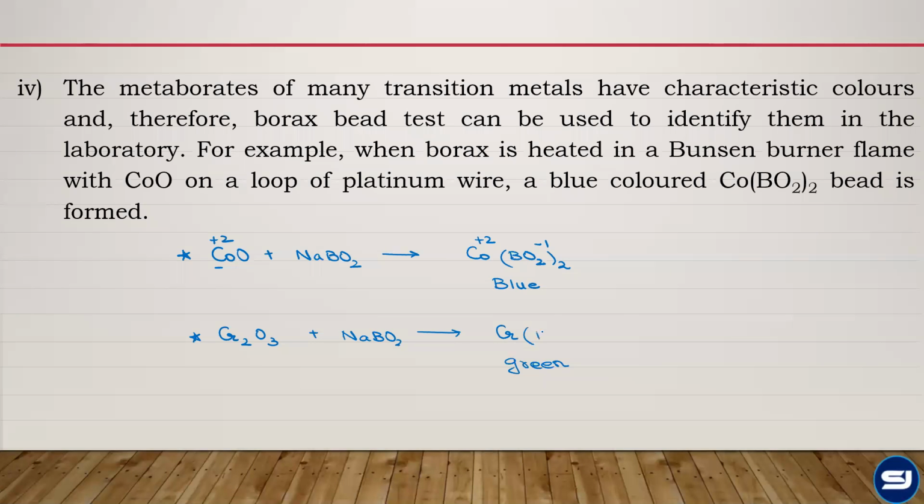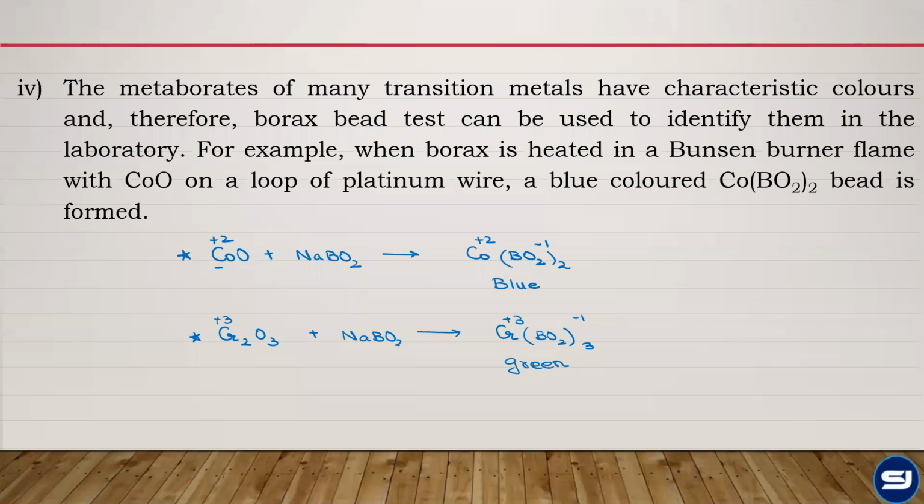Cr(BO2)2? Thrice. Chromium is +3 over here, so +3 and a -1. So Cr(BO2)3. फाइन, ये क्वेश्चन आया हुआ है, तो क्रोमियम का भी कलर पूछा जाता है. It's in the +3 oxidation state, green colored, and the compound formed of metaborate is chromium metaborate Cr(BO2)3.